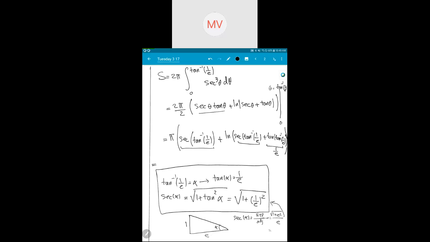These two are the same because if you put the e inside, it becomes the same thing, the square root of e squared plus 1. Just some trick, function identities and right triangle.